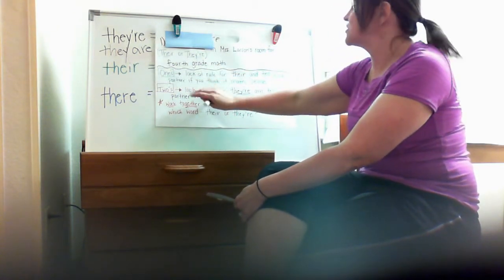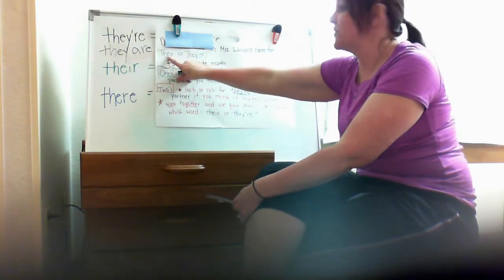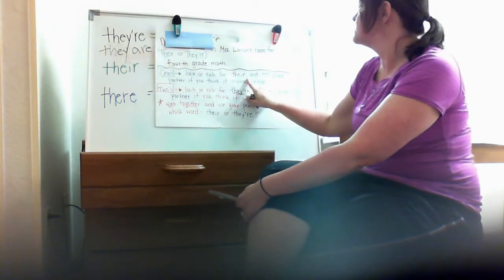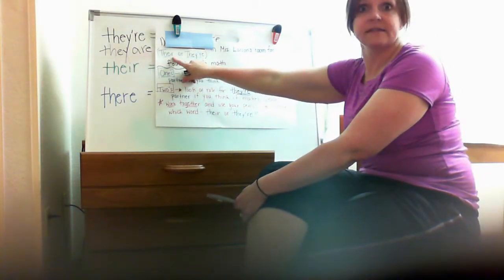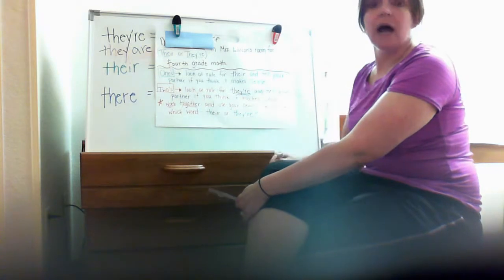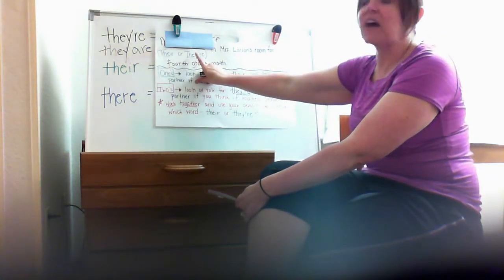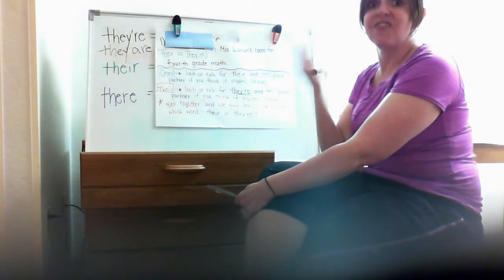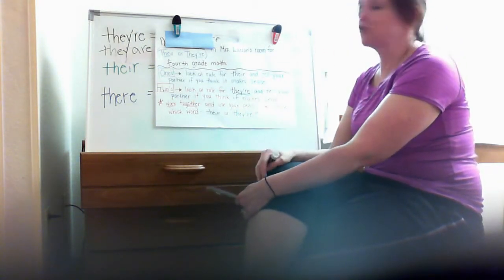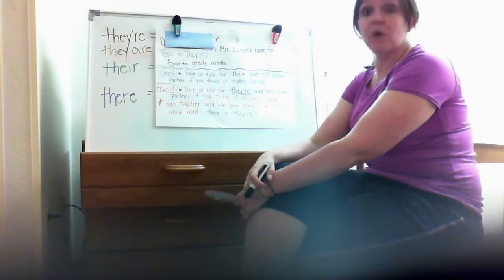Ones, I want you to look at the rule for the word there with the T-H-E-I-R and tell your partner if you think that it makes sense. Twos, I want you to look at the T-H-E-Y apostrophe R-E and tell your partner if you think that one makes sense. I want you to work together and use your pencil to circle which word.